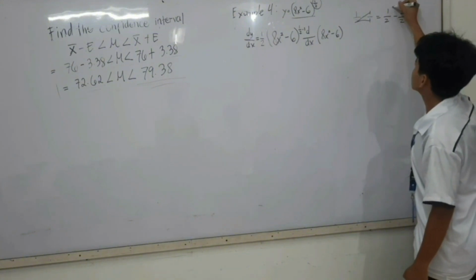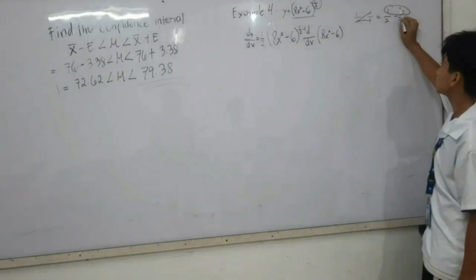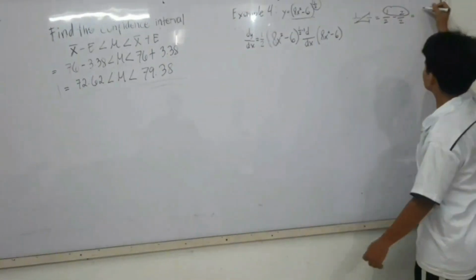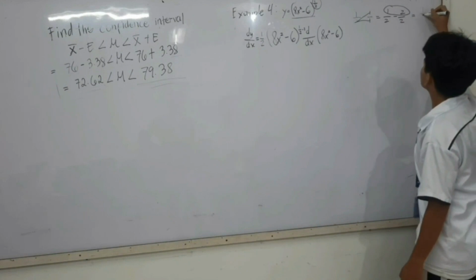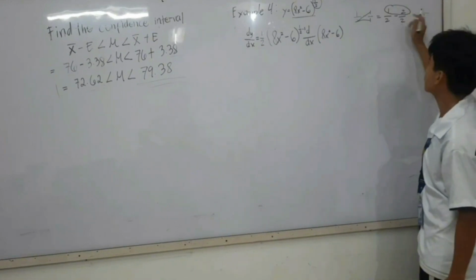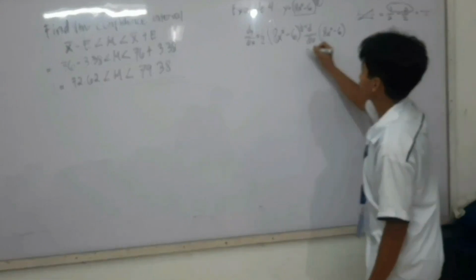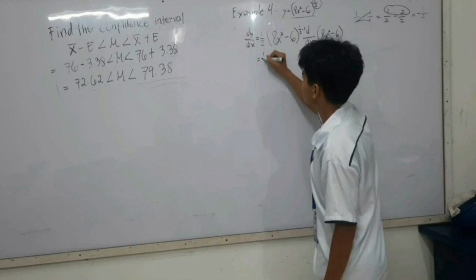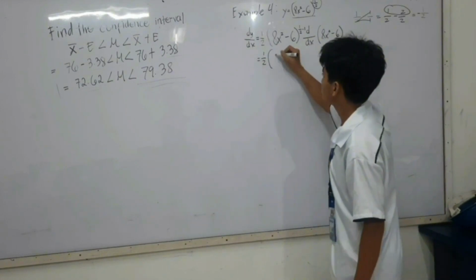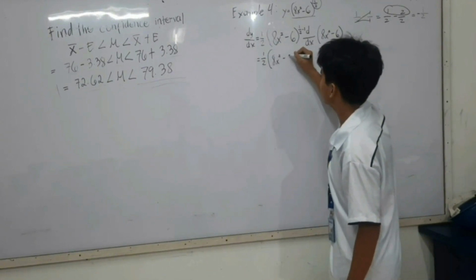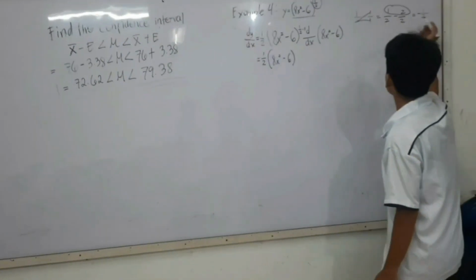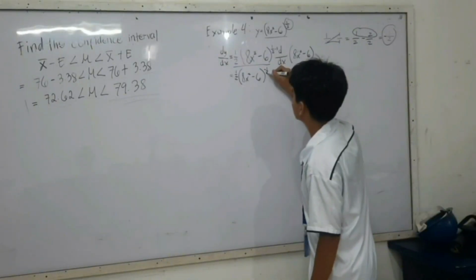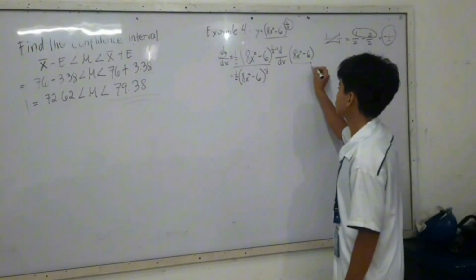We will subtract 1 and 2. So our exponent is negative 1 over 2, because 2 is higher than 1. Let's move to the next. 1 over 2, 8x squared minus 6, with exponent negative 1 over 2.